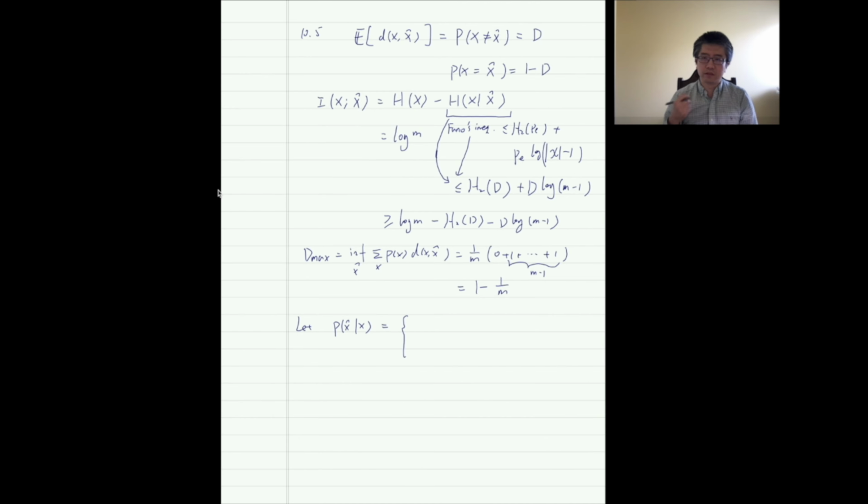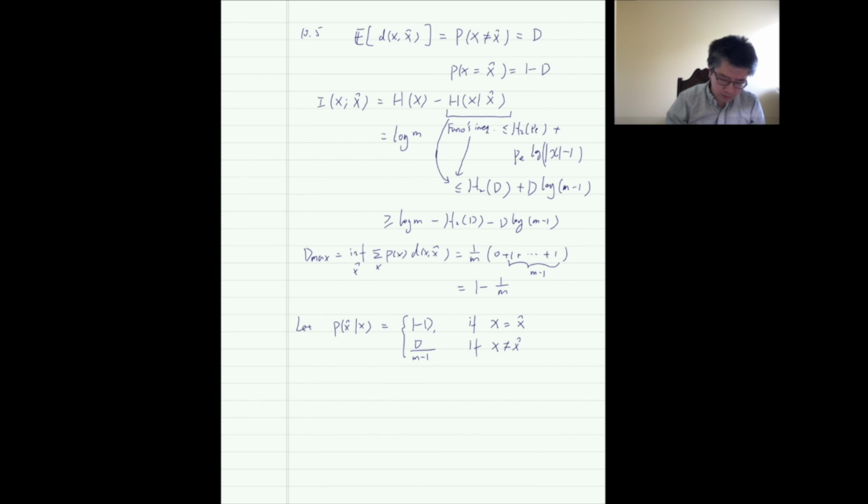We let the conditional probability of x hat given x be as follows: if x and x hat are the same, then the conditional probability should be 1 minus D, and if they're not the same, then it will be D over M minus 1, because we have M minus 1 cases, okay?